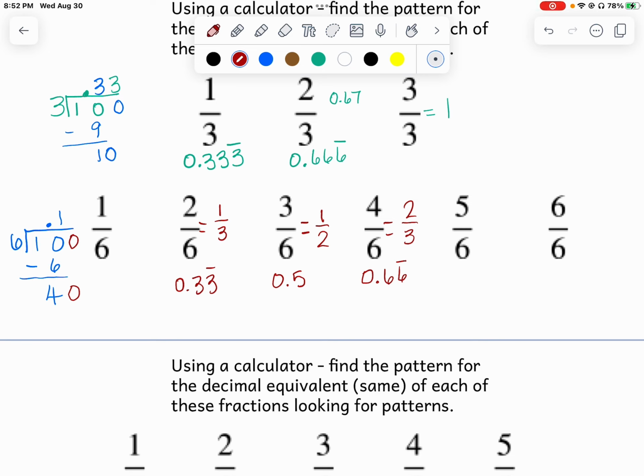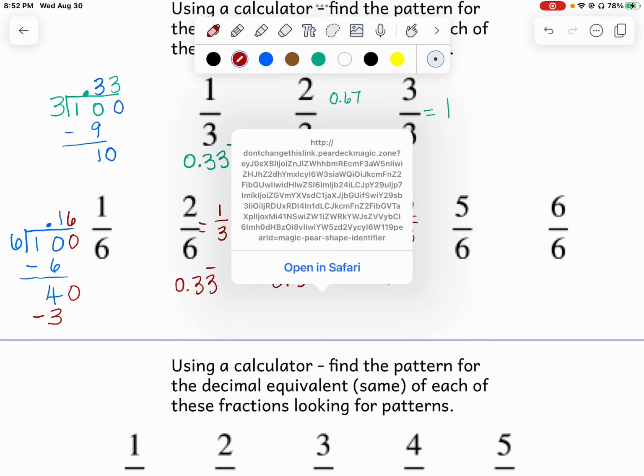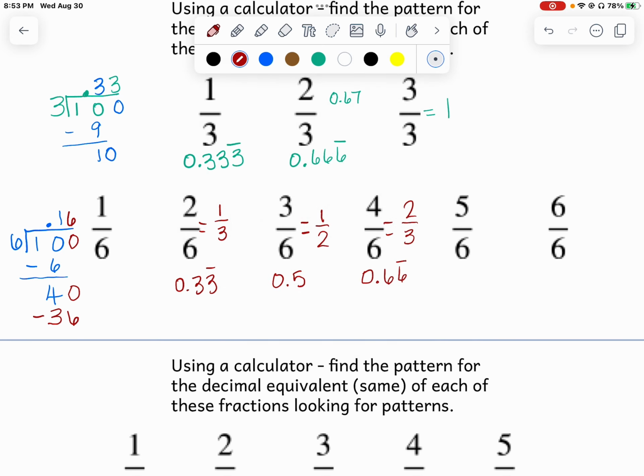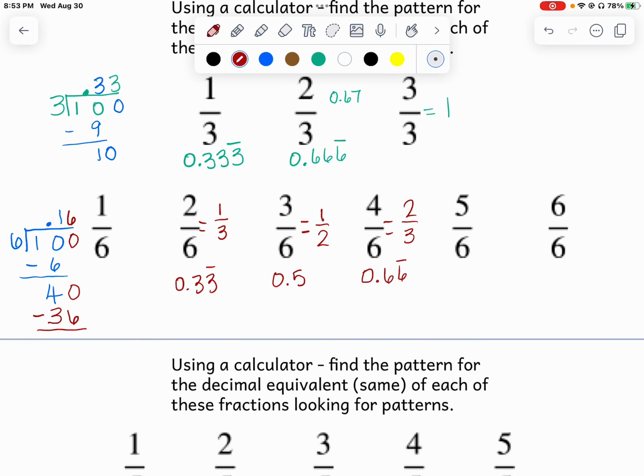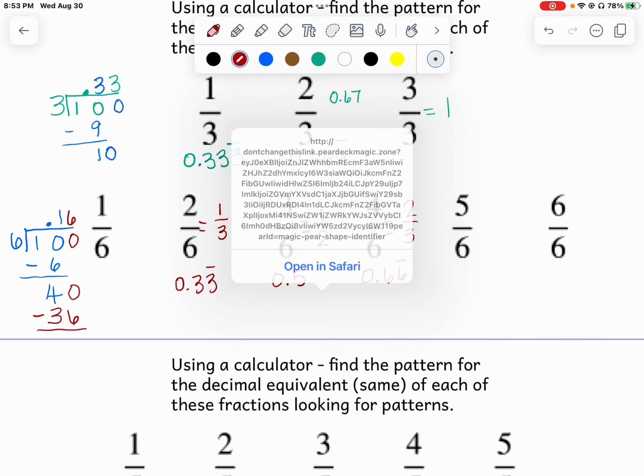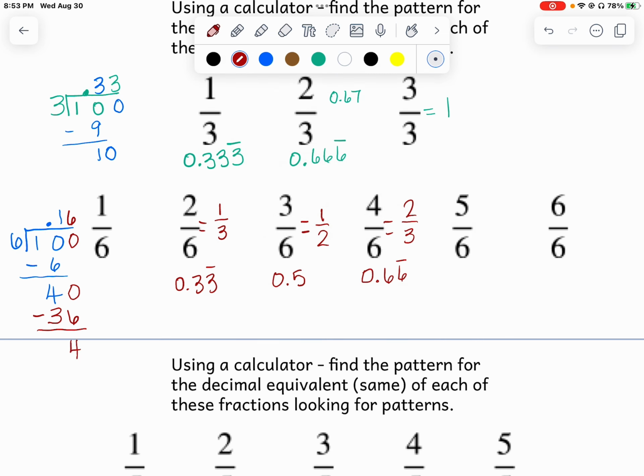That's too far. So I can pull out 6 groups and subtract the 36. 40 minus 36, 39, 38, 37, 36.